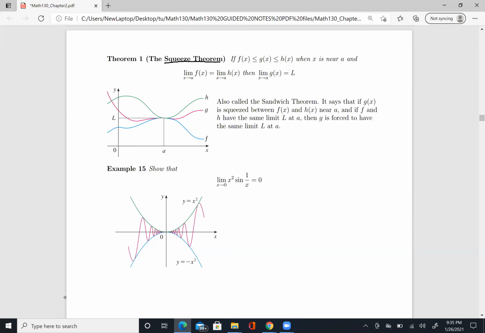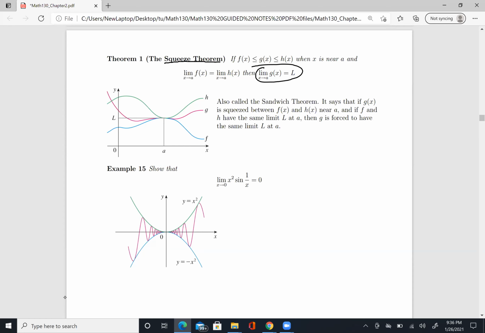So if you have f of x less than or equal to g of x, and less than or equal to h of x, when x is near a, and the limit of f of x when x goes to a equals the limit of h of x when x goes to a, right? Then the limit of g of x when x goes to a will be equal to L.